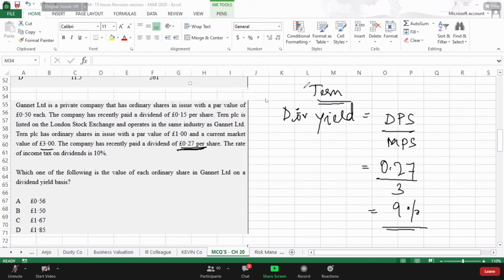Yeah, continue, Edwin. Now we have to convert this 9% in the first one. Okay, how will you? That is 0.15 dividend per share divided by 9%. Everyone, did you get the answer?